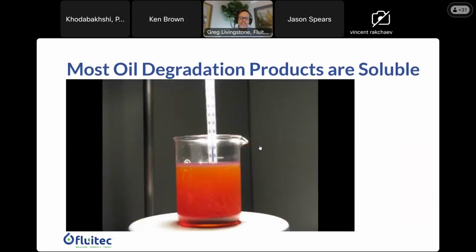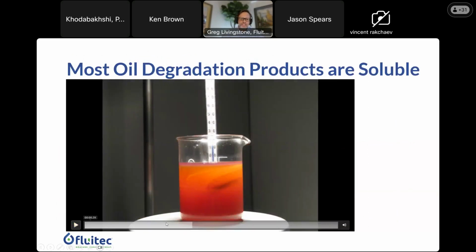But one thing that many people are not aware of is that in the world of turbine oils, most of these oil degradation products are soluble. We'll see if this video actually plays here. This is a video showing a badly degraded oil sample on a heater stir plate.